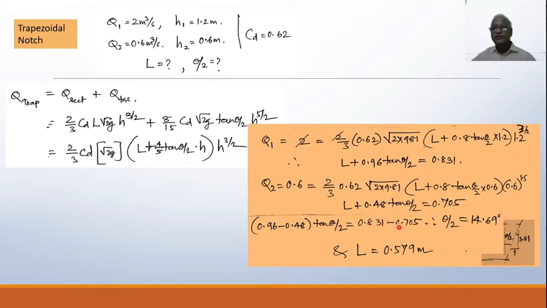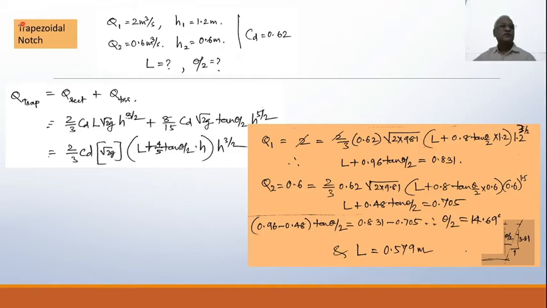So this angle theta by 2 in the diagram, it will be 1 over 3.81, meaning theta by 2 becomes 14.69 degrees. You back substitute this value of theta by 2 in any of these two equations, you will get L equal to 0.579 meters. This is how the problem can be solved.